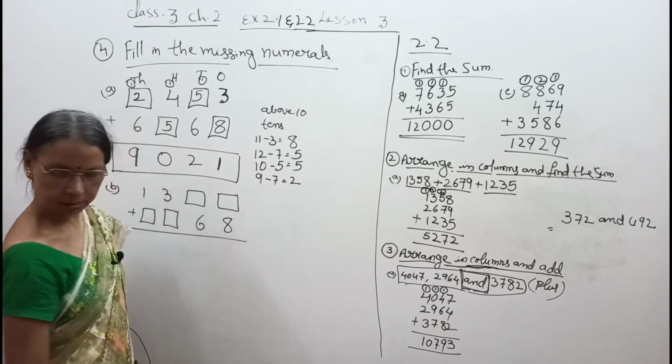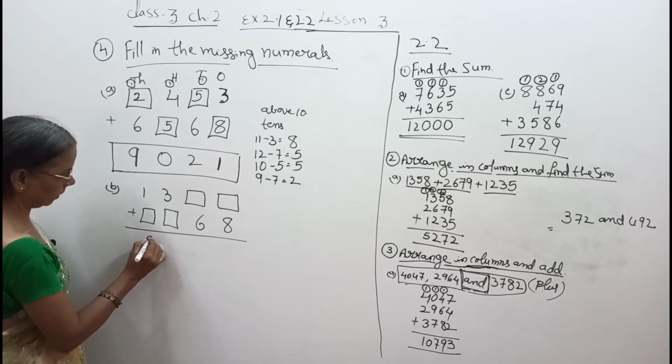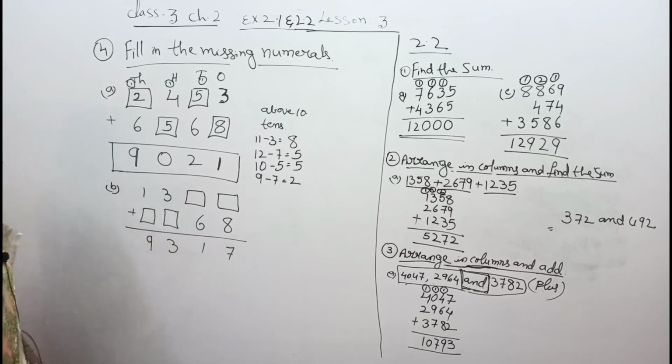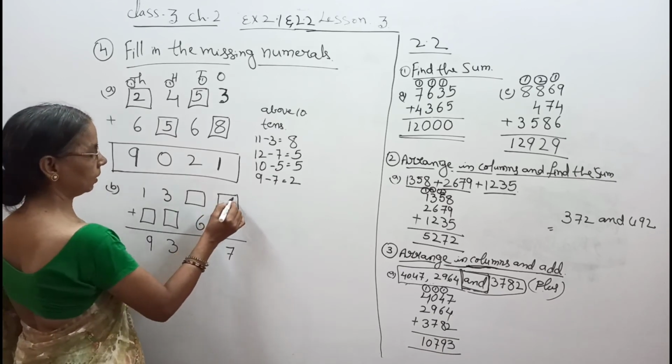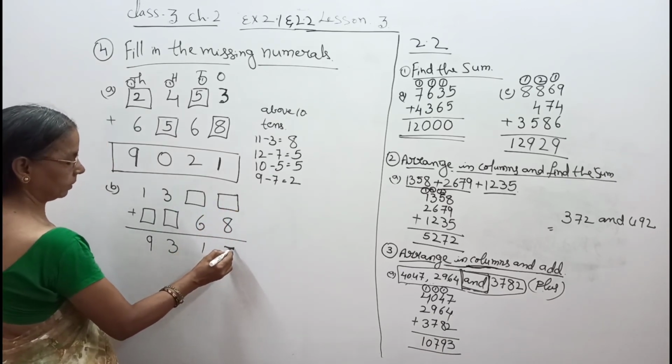Now the answer will be 9, 3, 1, 7. Here above 8 we have a blank and the answer will be 7.